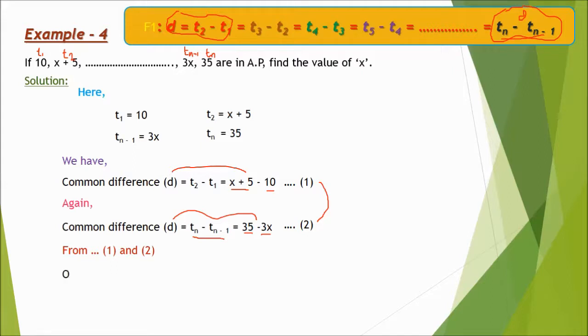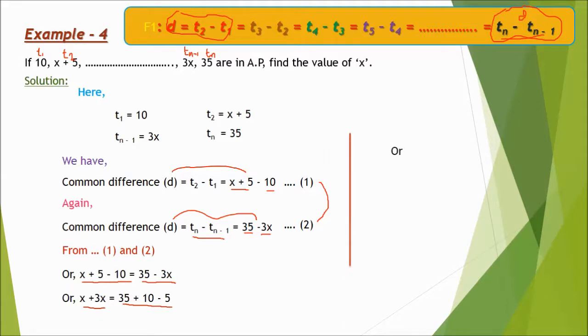X plus 5 minus 10 is equal to 35 minus 3x, and we can arrange the like terms, x plus 3x, and all the numbers will be on the right hand side. 35 plus 10 minus 5. The sign will be changed when the values are moved from one side to another side.